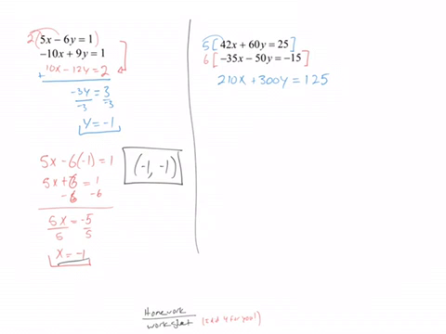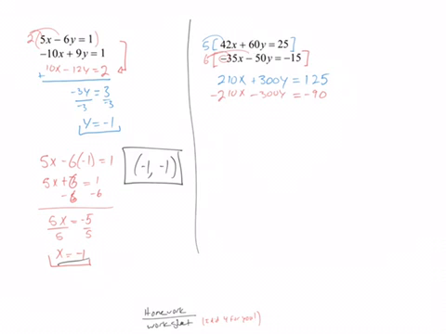Now multiplying the second one here, 6 times 35, or negative 35, gives me 210, and this is going to be negative because it's a negative sign there. This is going to be minus 300y is equal to 6 times 15, negative 90.